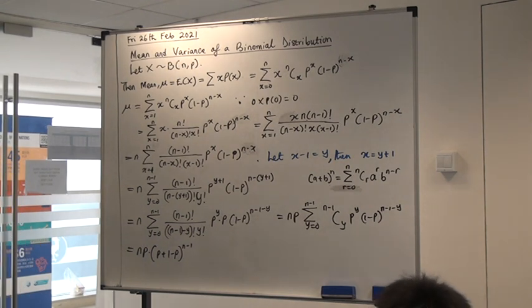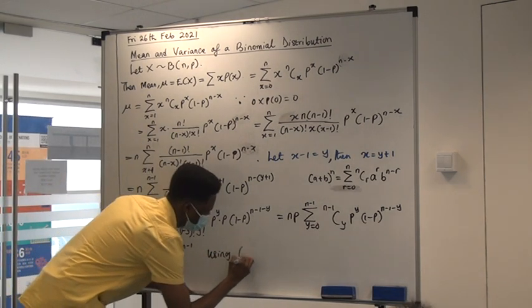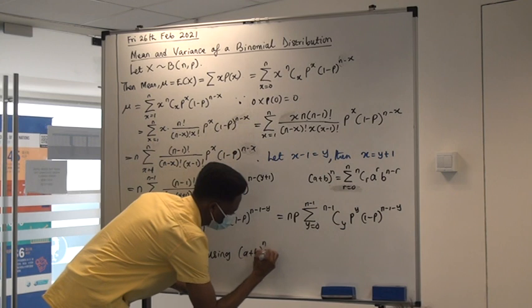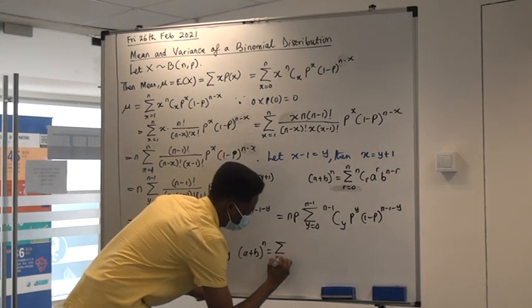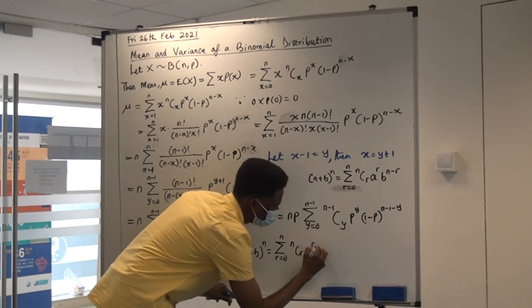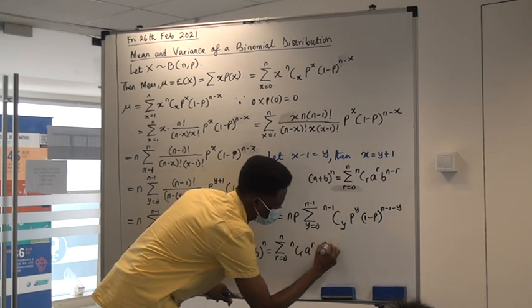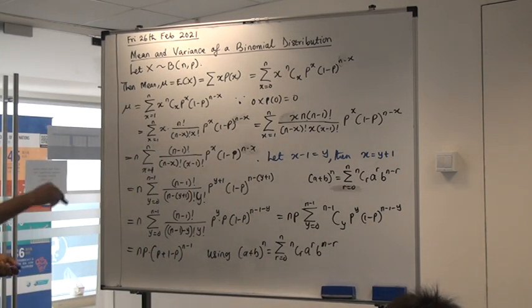Do you agree? So I can say using a plus b to power n is equal to summation r equals 0 to n combination r, a raised to power r, b raised to power n minus r. Or a raised to power n minus r, b raised to power r. It's the same thing. Do you understand?